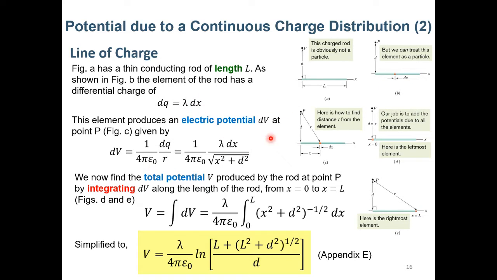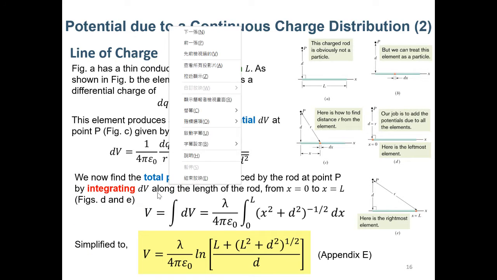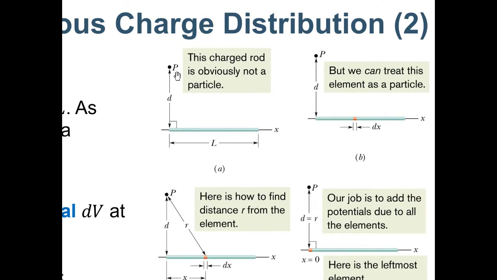And we consider the electric potential at point P, which has a vertical distance from this rod, and this rod has a length of capital L, and P has a distance D from one end of the rod.